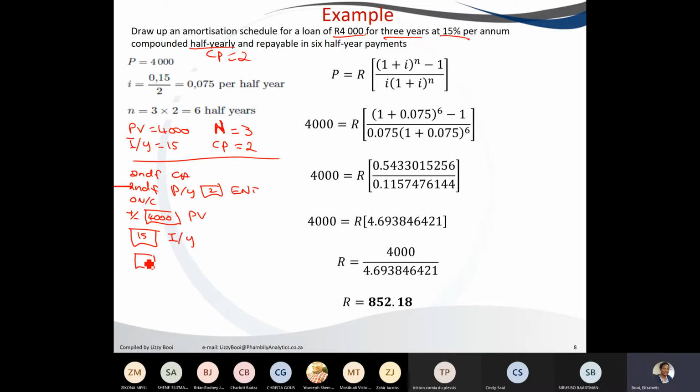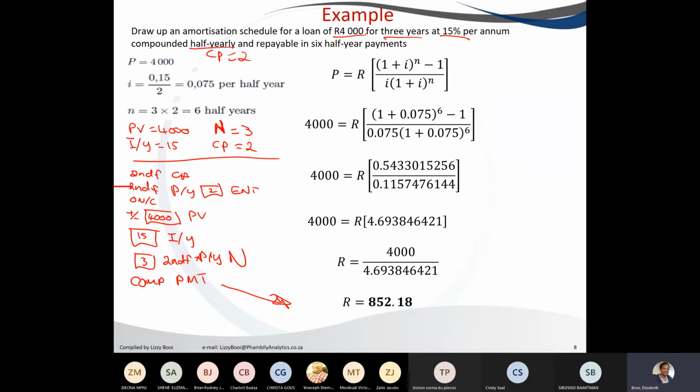Then we put in the years, which is 3 years, and we need to multiply by the compounding period, which is 2. Second function N, and then press N again to store the value as your period. Then we are ready to compute PMT, and the same answer you will get will be 852, and that is your payment.